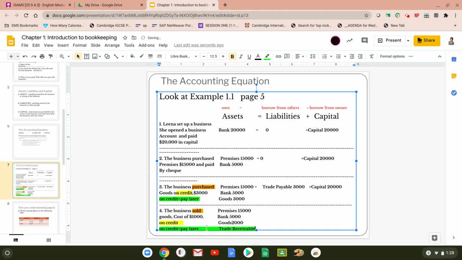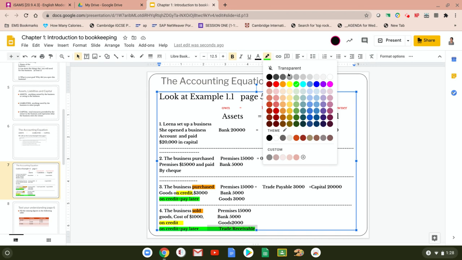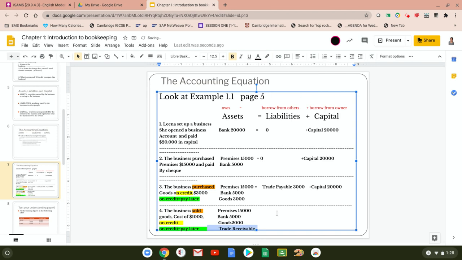I'll just remove this highlight here. Okay, so trade receivable of 1,000. So you have your premises of 15,000, your bank of 5,000, your goods now drop to 2,000 because you sold 1,000 of them, but you have to collect that 1,000 from the customer.